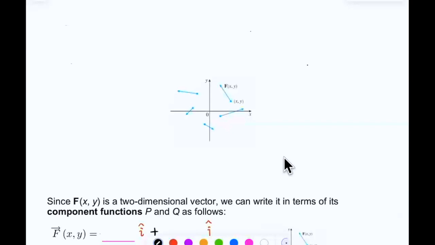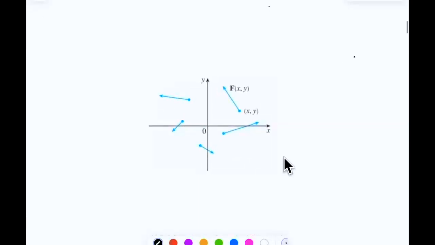The best way to picture a vector field is to draw an arrow, like that, representing the vector starting at the point x comma y. So you have this point x comma y, and then to picture the vector field, you pick a point over here in the domain, and then you start drawing an arrow right there. Of course, it's impossible to do this for all points.